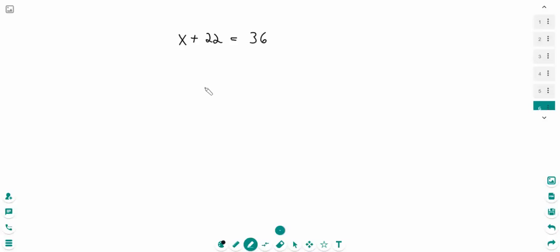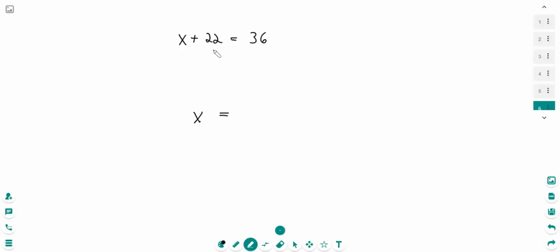But now we're going to use that rule of adding things to both sides to find an equivalent equation. And the equivalent equation that we want to end up with is an equation that only has x by itself on one side. All right, that's kind of the goal when we solve for any equation in the future, is to try to get that unknown variable all by itself on one side.